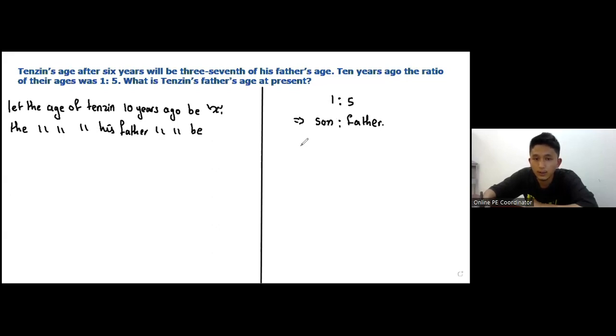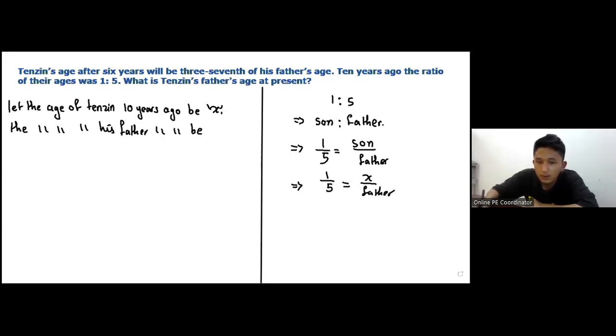The ratio can also be written as 1 by 5 is equal to son by father. Remember, the son's value we have assigned as x. So 1 by 5 is equal to x by father. Cross multiplying, the father will be 5x.